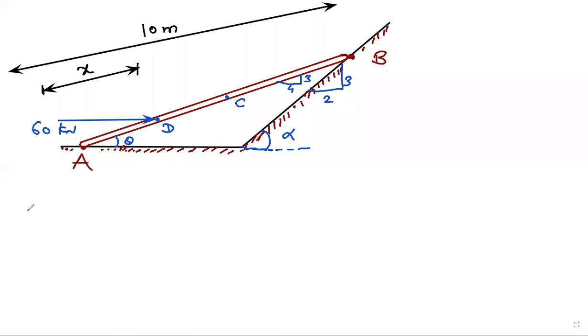Solution: tan theta is equal to 3/4. Find theta.